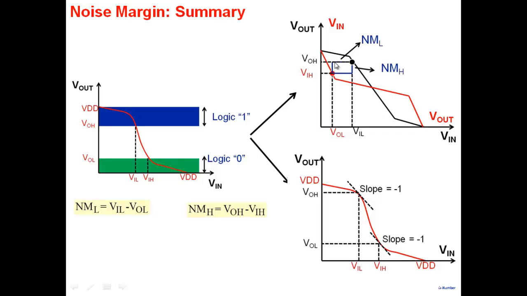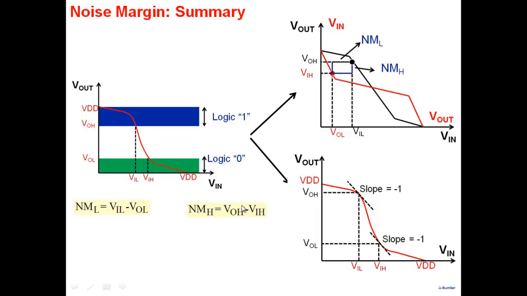And in that, the largest square that you can fit in, under the constraint that NMH is NML, that defines your levels. Then what you try to do is find the largest square that can fit into this particular one. And once you identify that, then your levels VOH, VIH, VOL, VIL, they all get defined, and you get noise margin on the lower side and noise margin on the higher side here.